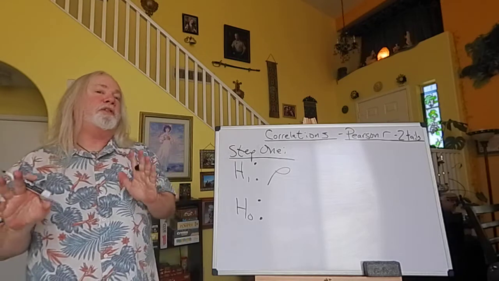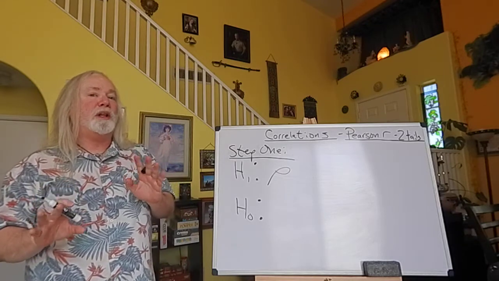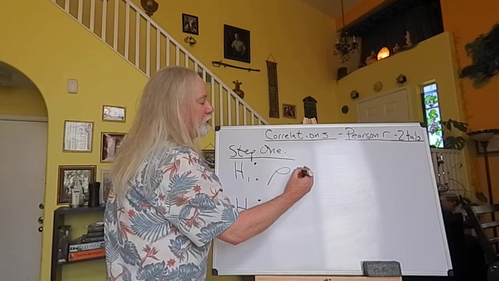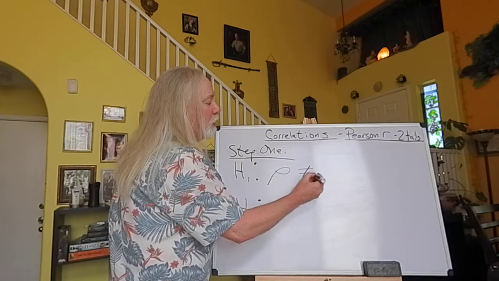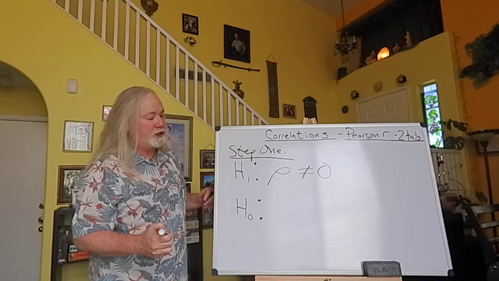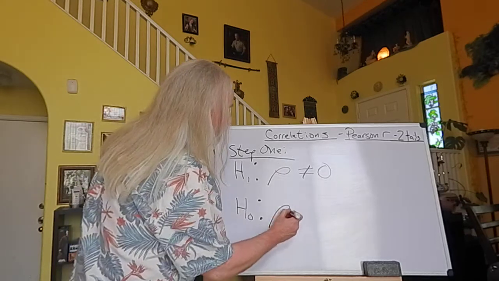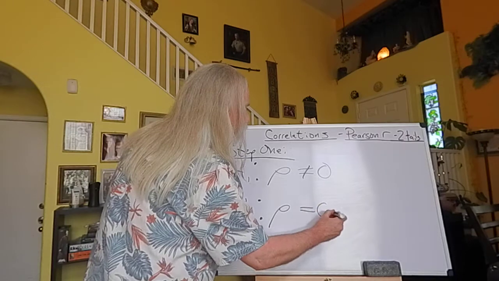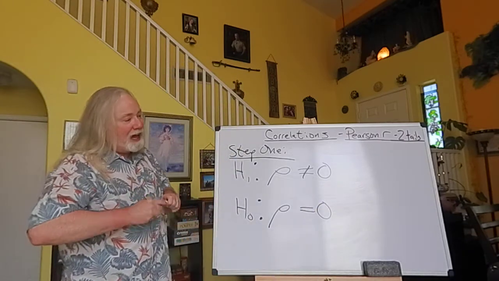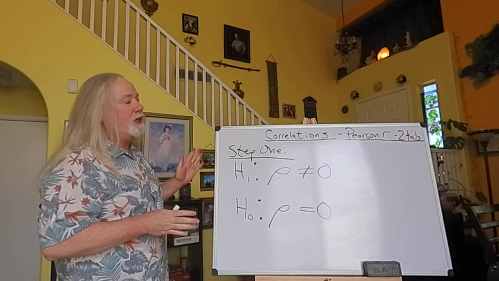So a math answer of 0 here is telling us there is no relationship. But the alternate hypothesis says there will be a relationship. So our value for rho will not equal 0. We'll have more than no relationship. So the null says rho will equal 0. For a two-tailed test, that's how we write it. There's no other version of this.